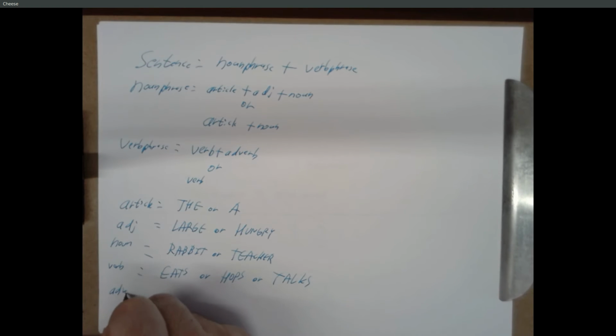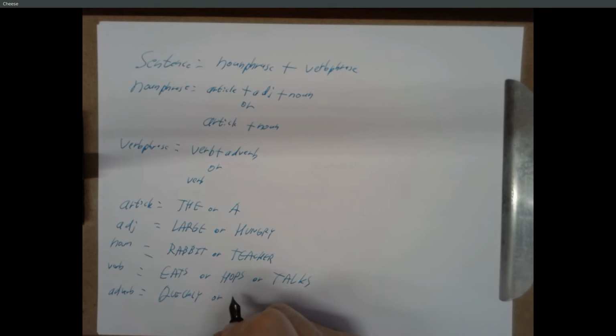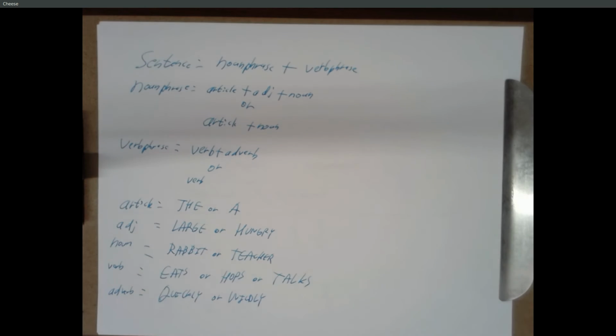And an adverb could be quickly or wildly. And so there's a description of a really simple language in which we can form sentences as long as a sentence follows this structure. It's got to be a noun phrase followed by a verb phrase.